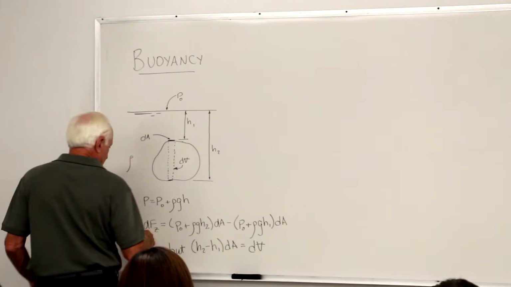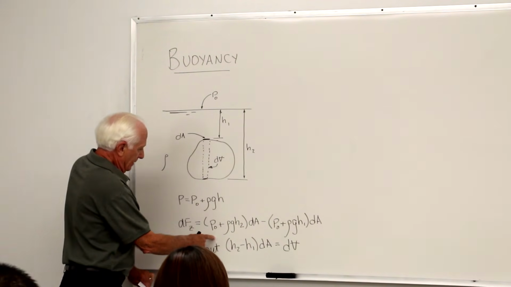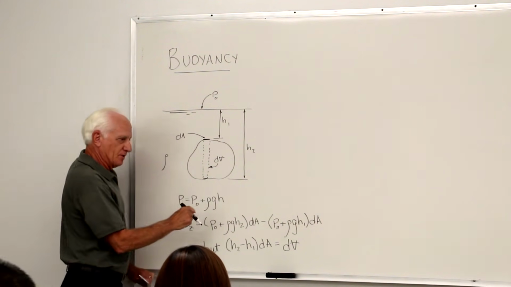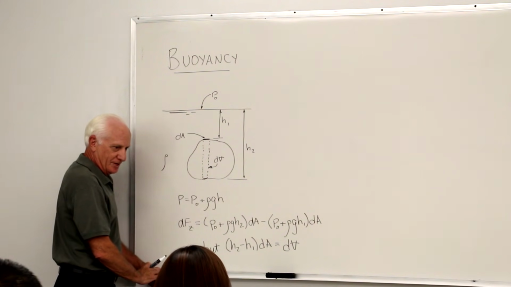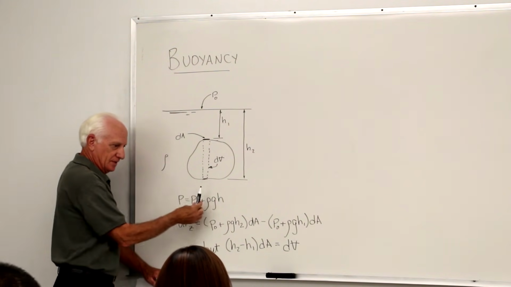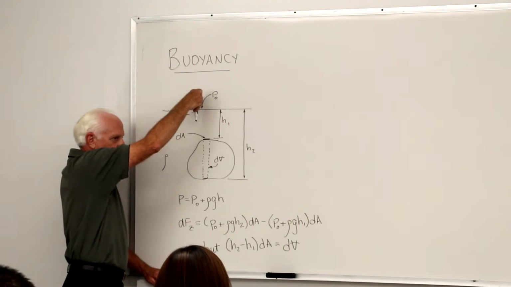The sum of the forces in the z direction due to pressure. At the bottom, big pressure. Which way does that pressure point? You know the rule. Pressure is a compressive stress. It always points into the surface. Pressure at the top, minus, pointing down, normal stress.